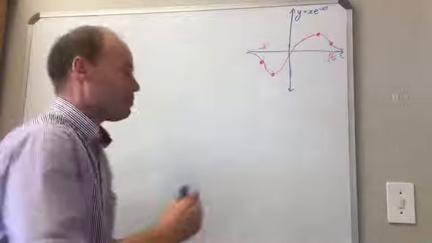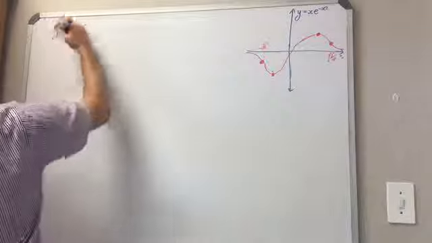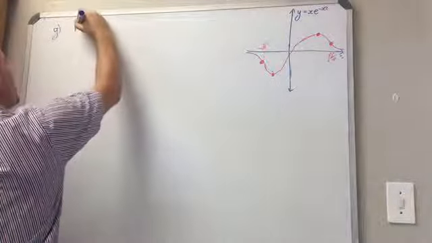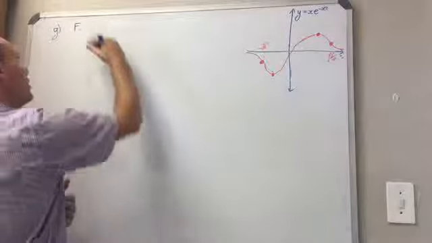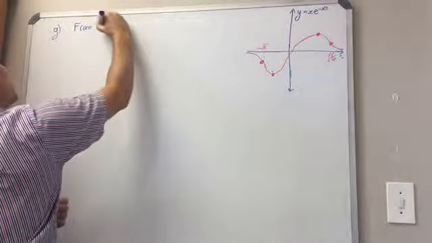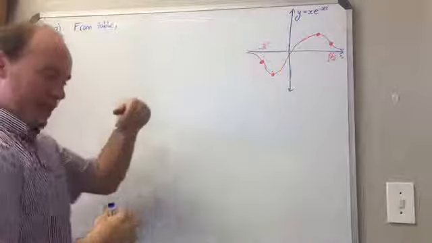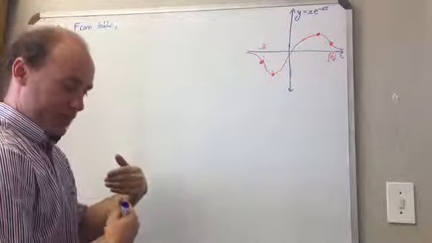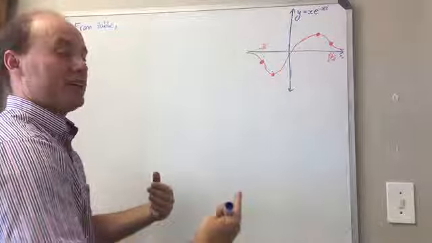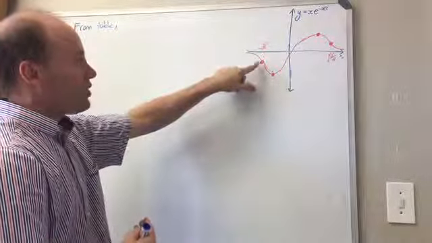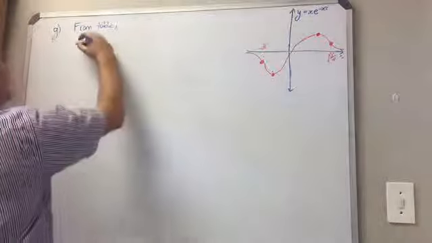Okay, what about the inflection points? So from the table of concavity that we just drew up, remember the table said that it was concave down up to a certain point, then concave up. So therefore the concavity changed at this point here. And so that's a point of inflection.